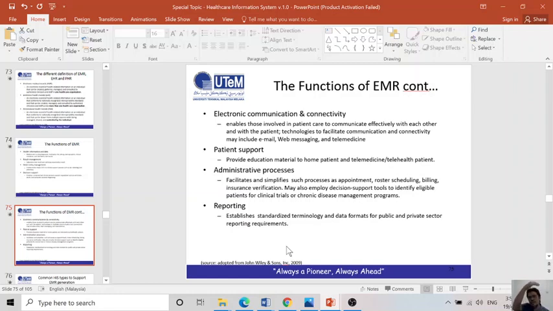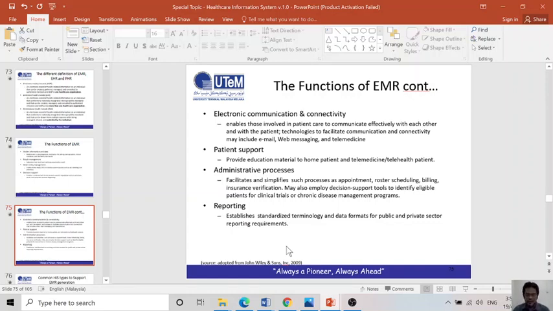The EMR is also a tool to support the patient. A tool to support the patient means providing educational material to the patient at home, used by the telemedicine system.